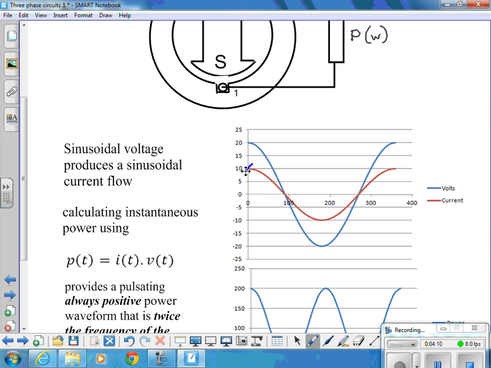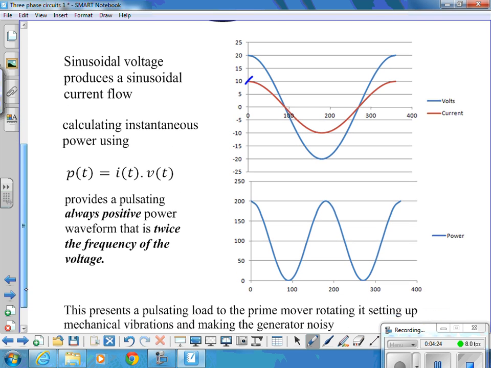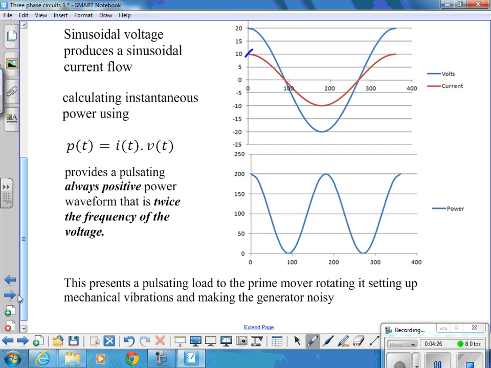If we then say that the power at any instant in time is equal to the instantaneous current times the instantaneous voltage, which it would be for a purely resistive load, we can then plot the power for that particular generating system over time as well.